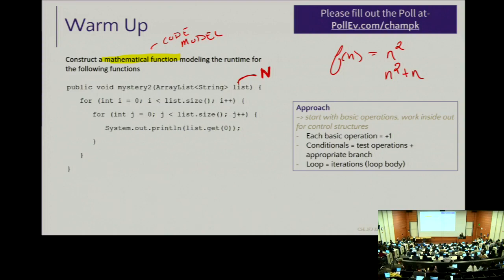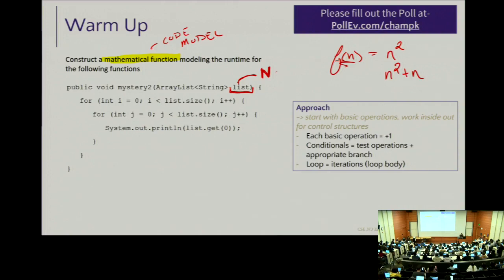When I say a code model, I mean a function like f of n, where n represents how many pieces of information are stored in the data structure that we are executing this code against. In this context, that is how many things are stored in list.